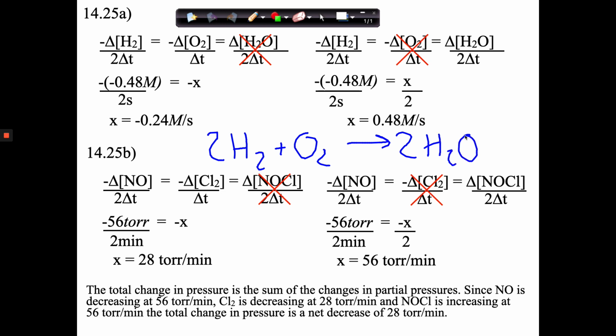The idea here is that hydrogen will be consumed twice as quickly as the oxygen, right? Because for every oxygen that goes in, 2 hydrogens have got to go in, so that's being gobbled up twice as fast. Then water is being produced at the same rate as hydrogen is being consumed.